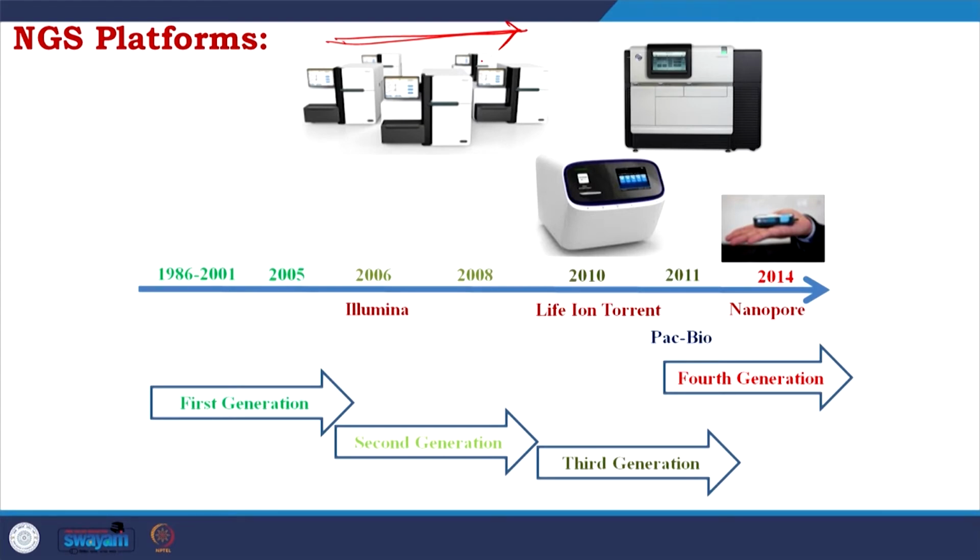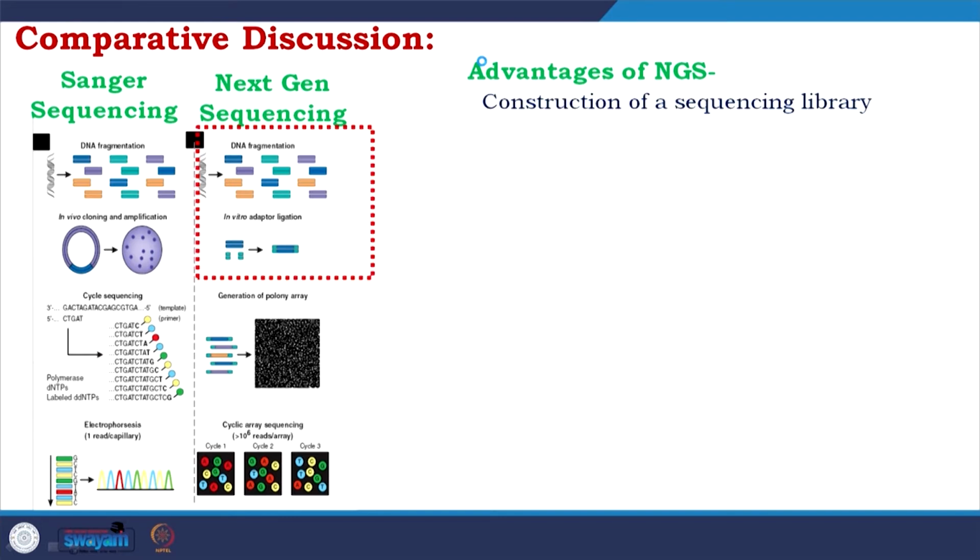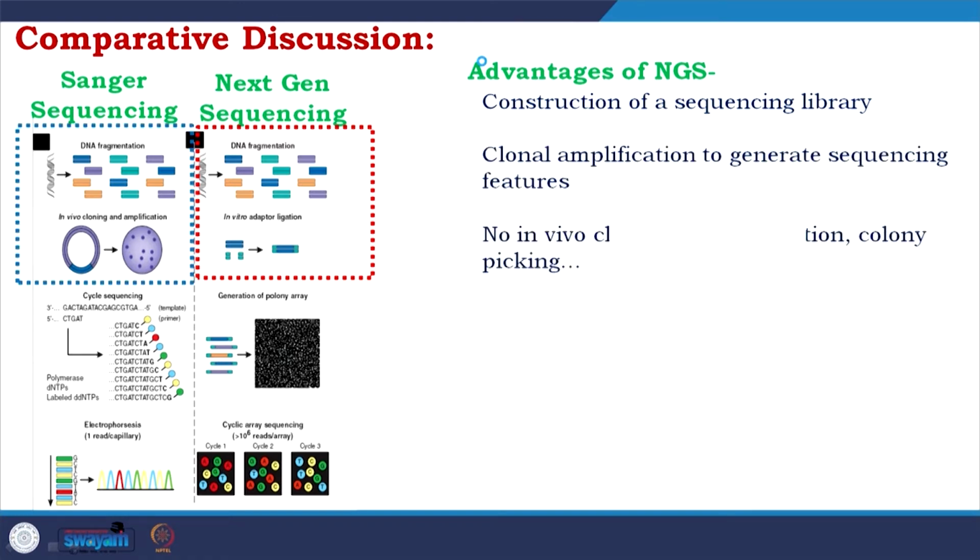If you compare Sanger and next generation sequencing, NGS has the advantage of construction of a sequencing library and clonal amplification to generate the sequencing features. In Sanger sequencing, there is in vivo cloning, transformation, and colony picking, so lots of things you can get rid of, which helps you automate.